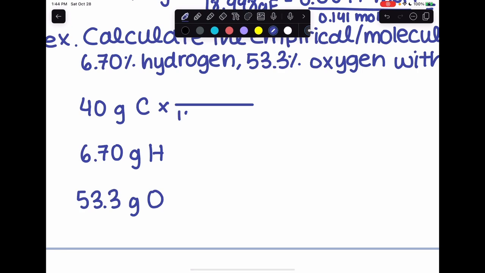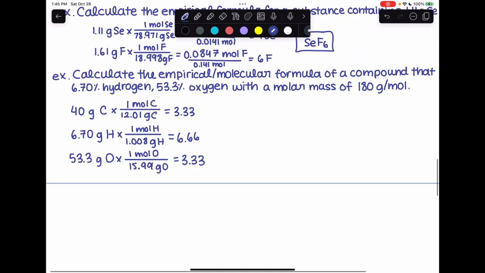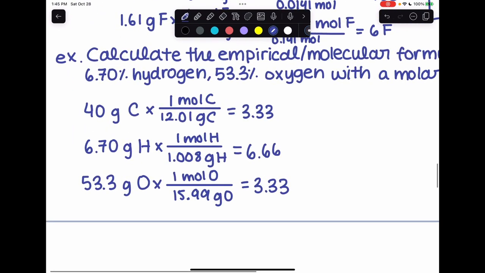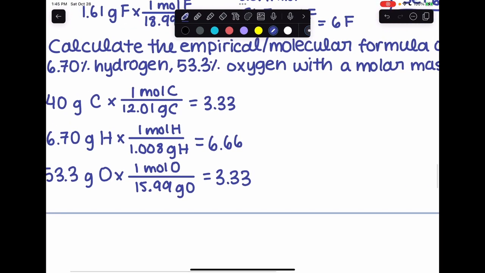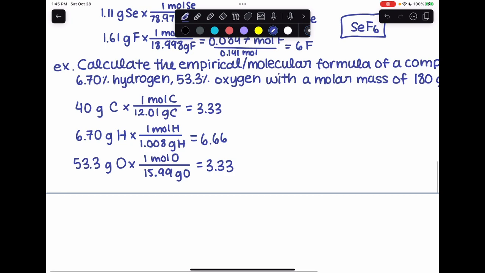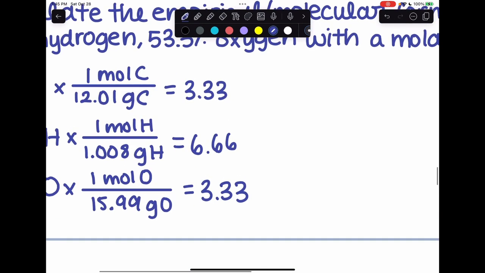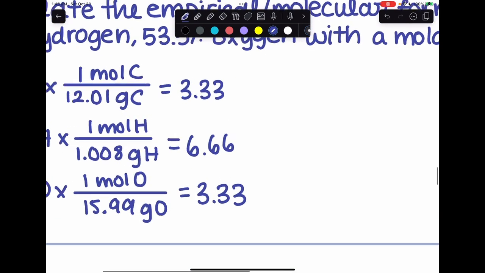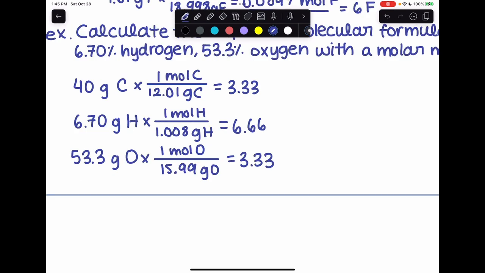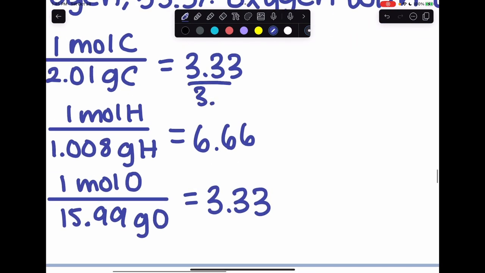I'm going to cut to the end so you don't have to watch this tediousness. Okay, so I've skipped all that tedious part and you get around these values. Now I know they're kind of weird numbers, but don't freak out because we're just gonna divide them, all right? So we have the same amount of carbon and oxygen, that's the smallest number. So we're gonna just divide.